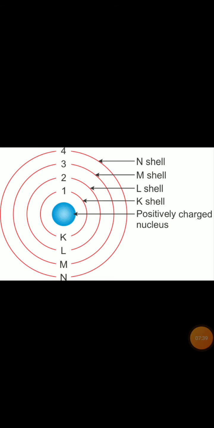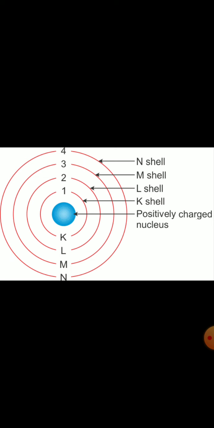How can we explain the number of electrons present in different shells? Till now we have learnt the names of shells, right? K, L, M, N. First shell is K, second is L, third is M, and fourth is N. How can we decide that this many electrons will be there in the first shell, second shell?